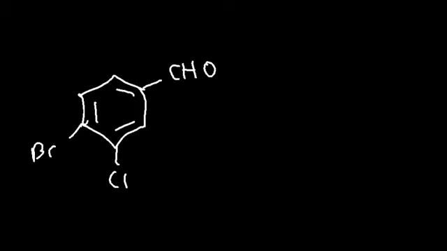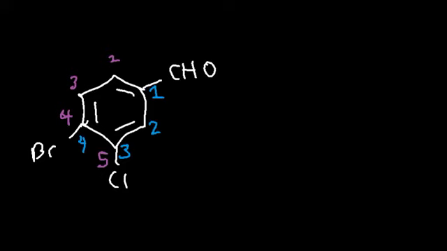Now, which direction should we begin counting? We know this is carbon 1. Should we count clockwise or counterclockwise? Well, if we counted clockwise, the chlorine will be on carbon 3 and the bromine will be on carbon 4. If we count it in the other direction, this will be 2, 3, 4, and then 5. Chlorine will be on carbon 5, bromine will be on carbon 4.